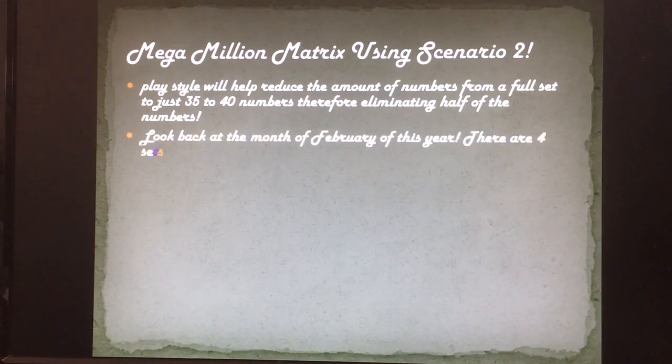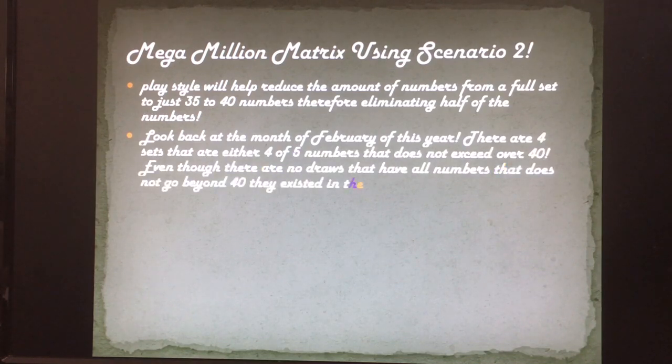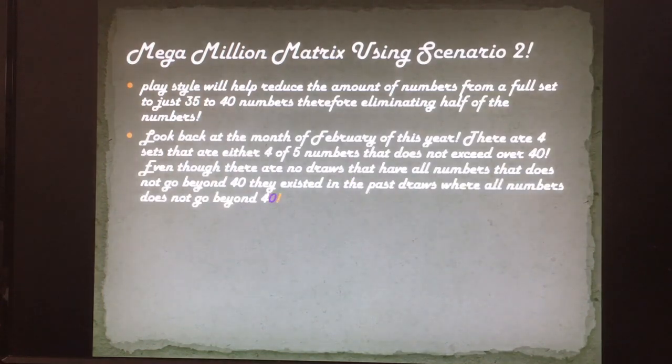Let's look back at the month of February of this year. There are 4 sets that are either 4 or 5 numbers that do not exceed 40. Even though there are no draws that have all numbers that do not go beyond 40, they exist in the past draws.